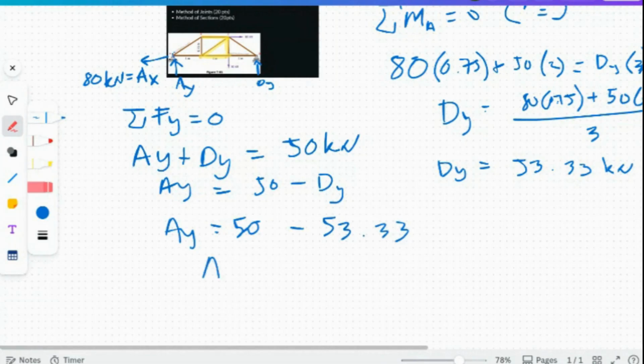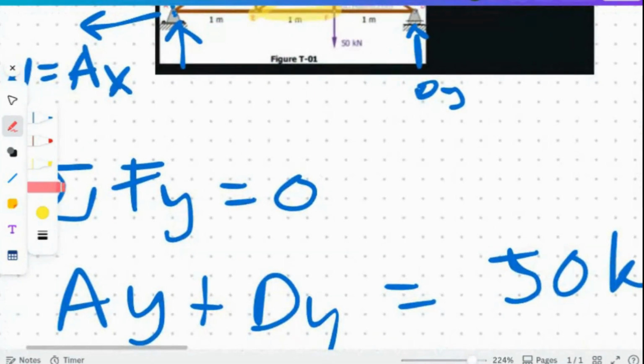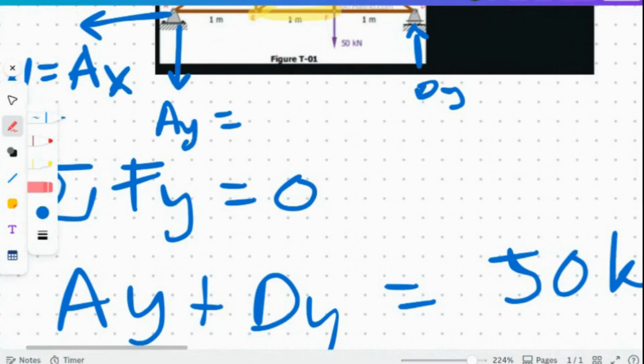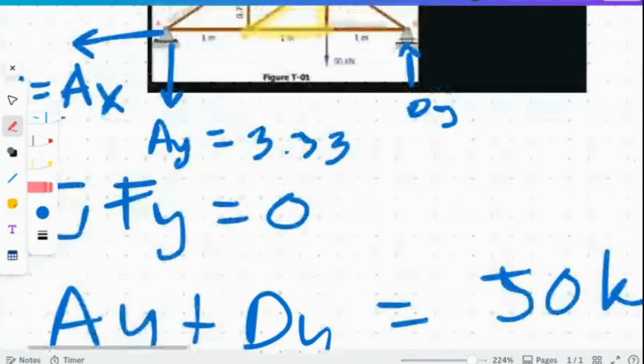Okay, now AY is negative 3.33. Again, what happened here is we made the wrong assumption, which is not bad. It's okay, at least we know. So that means this has to be going down. Now you ask yourself, does that make sense? And the answer is, of course.